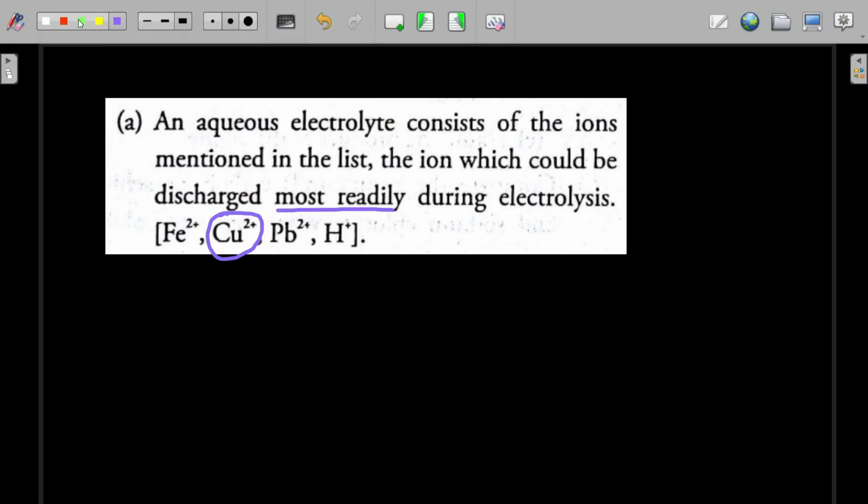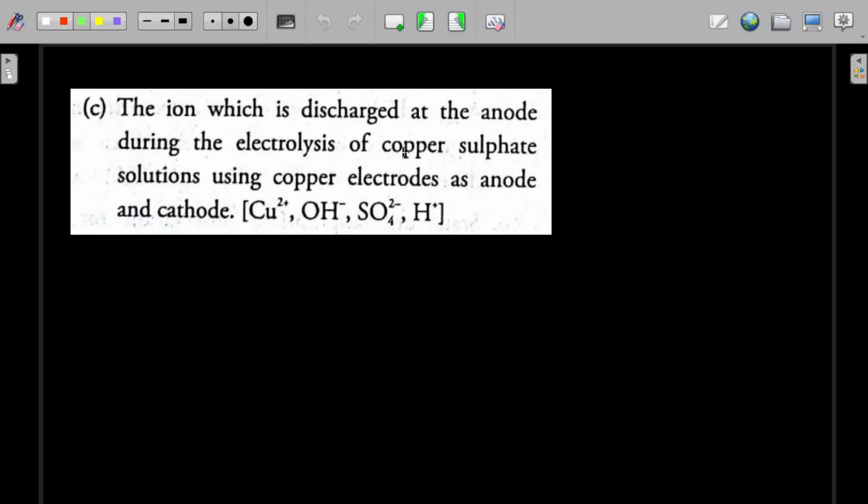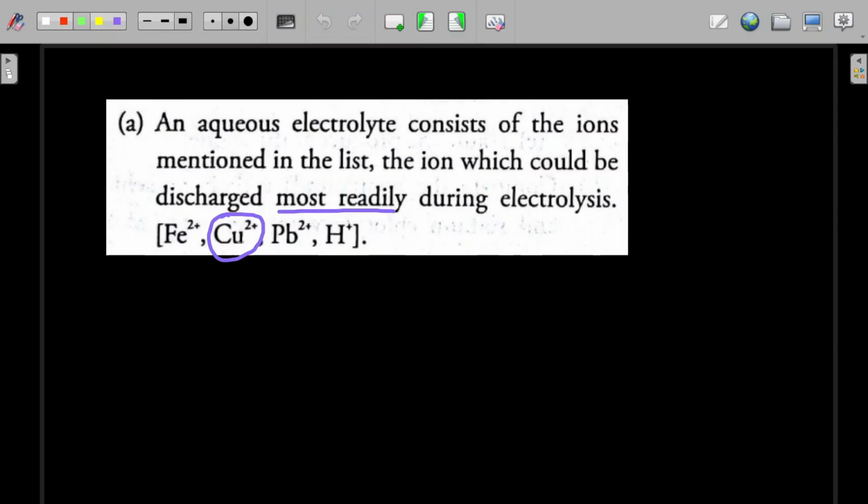Sometimes in the exam, instead of most readily, they will change the question to least readily. So you have to read the question properly. Least will be Fe, yes.